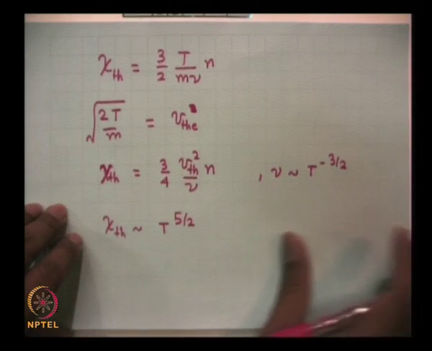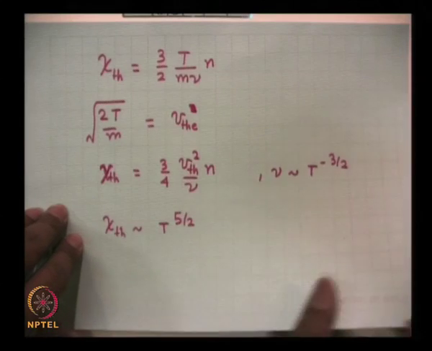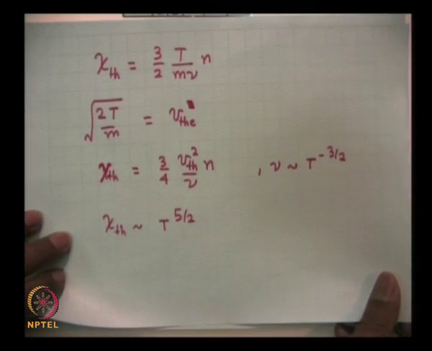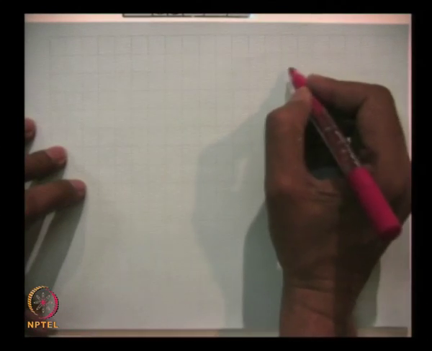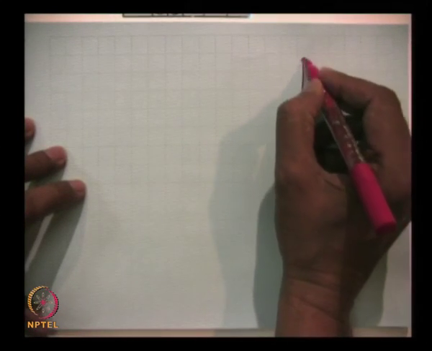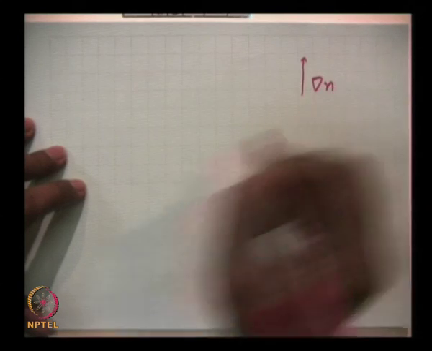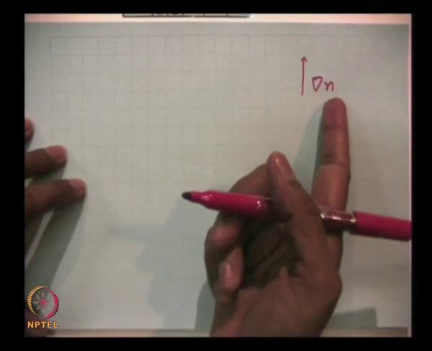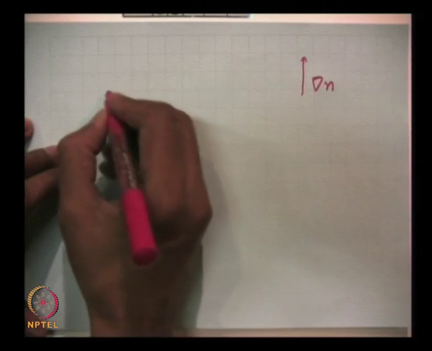Similarly, one can have a simple derivation of diffusion coefficient. If a plasma has a density gradient, for instance, suppose the density changes in some direction, so density is a function of position. Due to this, the electrons will have a drift.